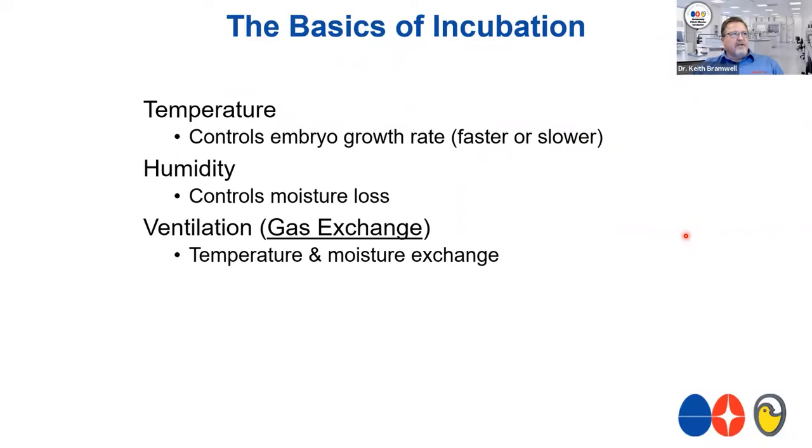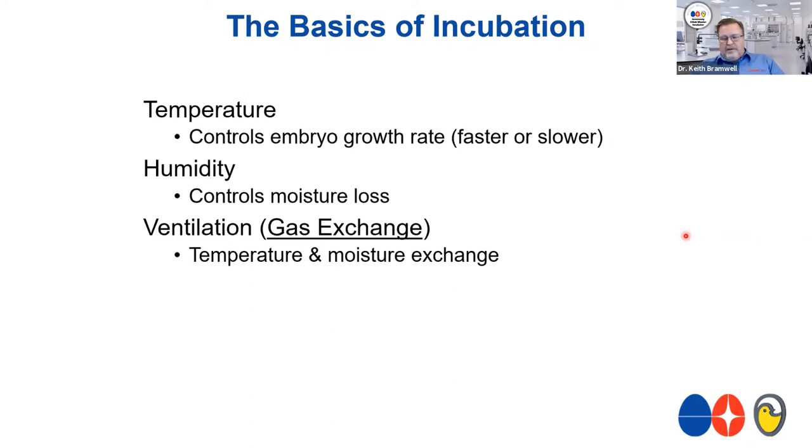But the ventilation works with the humidity and temperature, because we're trying to get a proper gas exchange. We want that temperature uniformly distributed throughout our incubation cabinet. We want that humidity and the gas exchange coming off the eggs uniformly exchanged between all the eggs throughout that cabinet. So our ventilation is critically important.